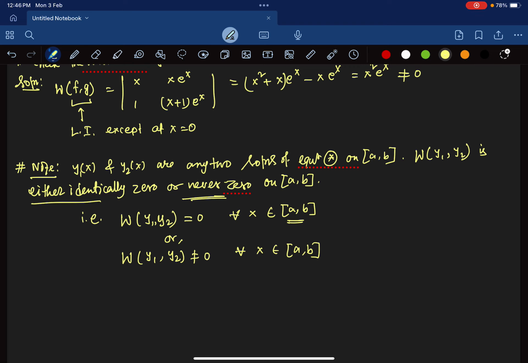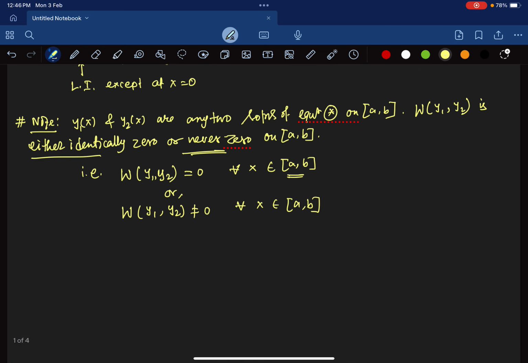Now see, when we are considering this second order linear differential equation with constant coefficients, there are many solution techniques. For example, first we had the trial method with the exponential function.